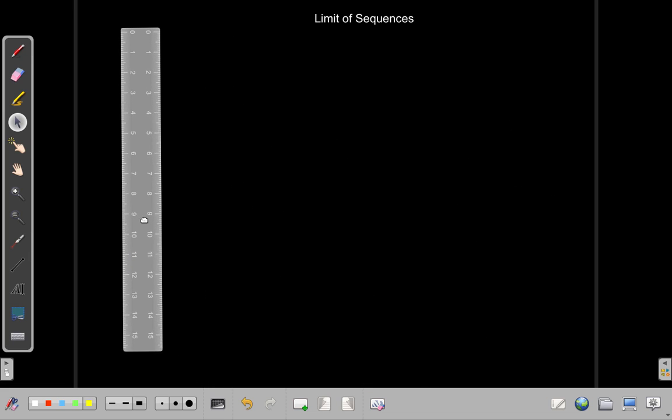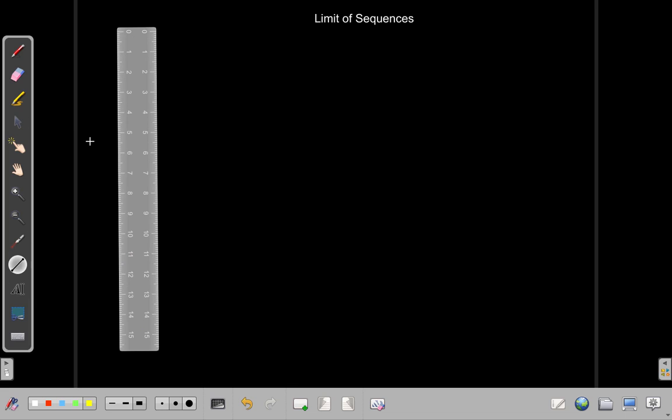Now, you have a piece of board 16 centimeters long. It seems to be 16. Let me lengthen my ruler a bit. Alright, just about 16.